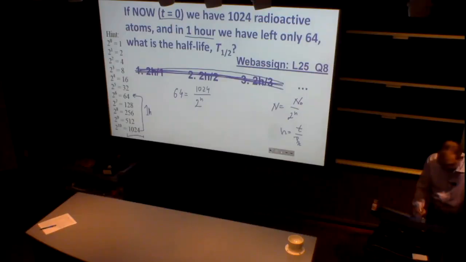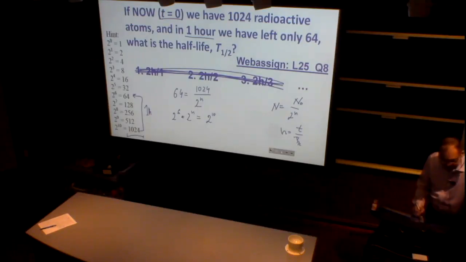Well, 64 equals 2 to the 6th. I don't like fractions. I don't know about you, but I always cross-multiply. And that should be equal to 2 to the 10th. I'm just using that table. It saves time. Now what can we do?